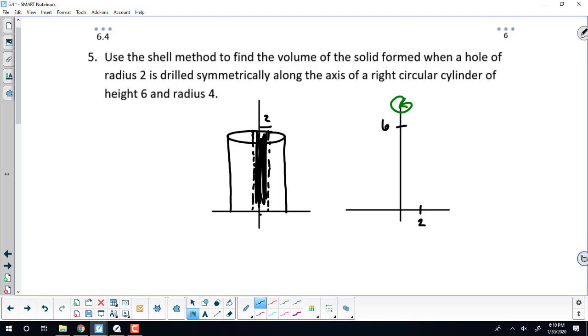This would be the radius of the cylinder. It's 4, so we mark 4 as well. But we don't care about the space right here, because that's the hole. So our cylinder, I'm just going to draw this here.